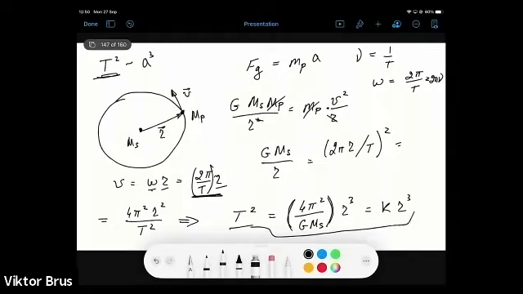But if we go for eccentricity larger than 0, so we go from circular trajectory to elliptic trajectory, that will be also valid for t squared is equal to k, some constant coefficient, times a cubed. So we just derived it for circular trajectory, and then a became r. But it's easier to do for circular trajectory. That's why we went for this. However, it is also valid for elliptic trajectory.